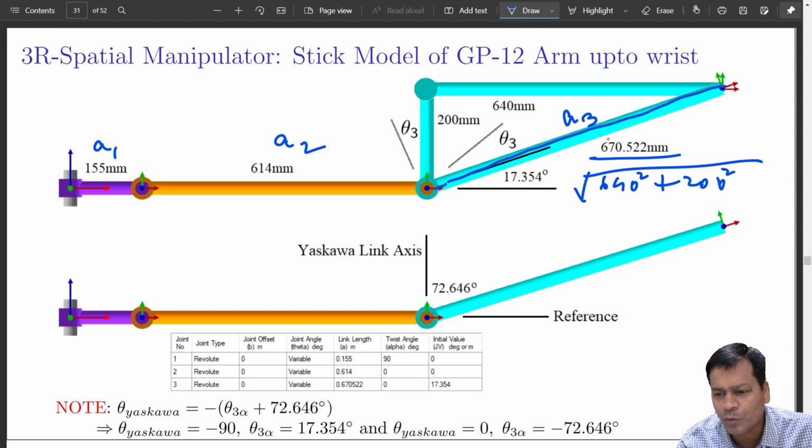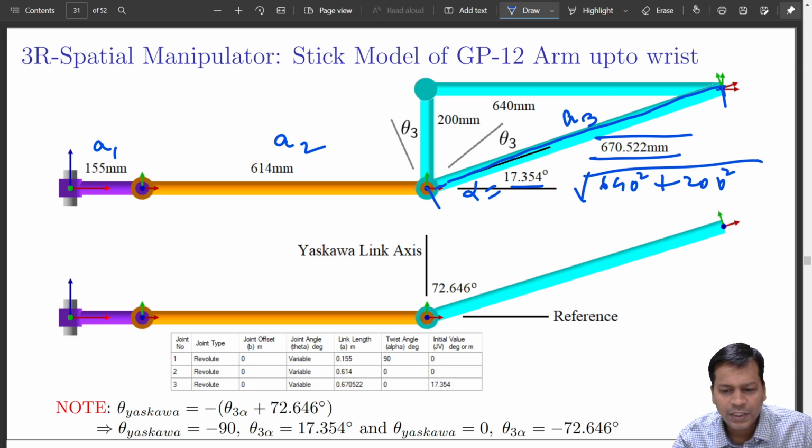So it comes out to be 670.522. So that is the distance between these two. Got it? And this is the default angle alpha, that is tan inverse of 200 by 640. Got it? So the default angle is 17.354 degrees. So this angle is permanently there. It is not going to change with time.